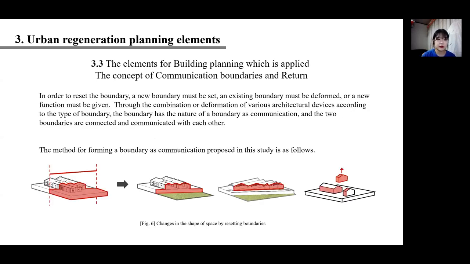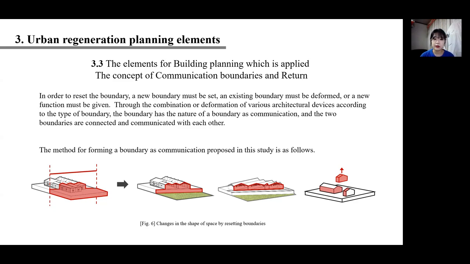In order to reset the boundary, a new boundary must be set, an existing boundary must be deformed, or a new function must be given, through the combination or deformation of various architectural devices according to the type of boundary.